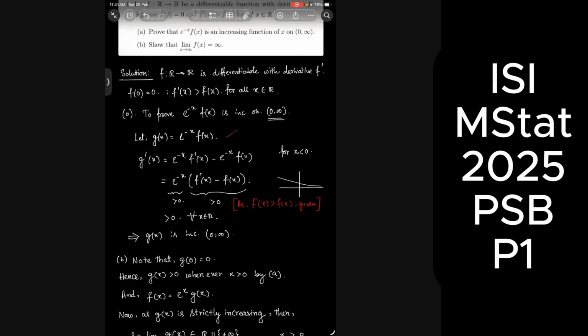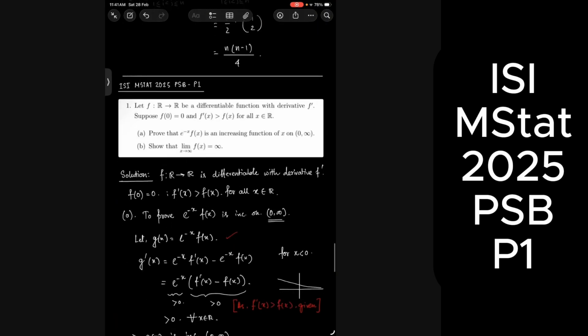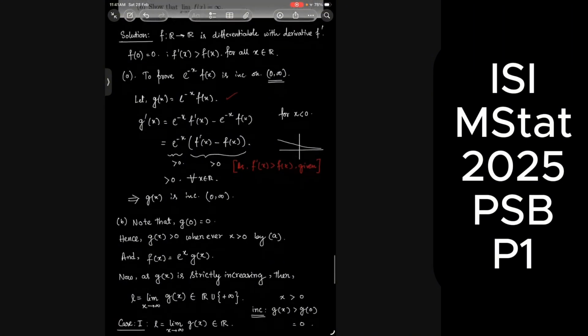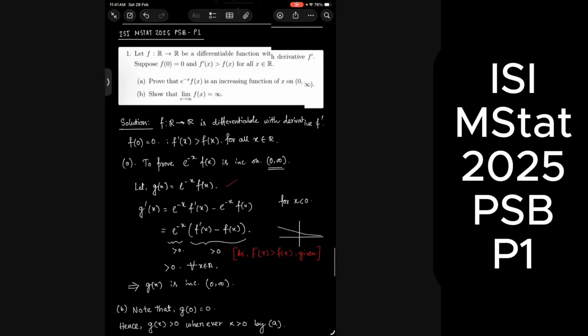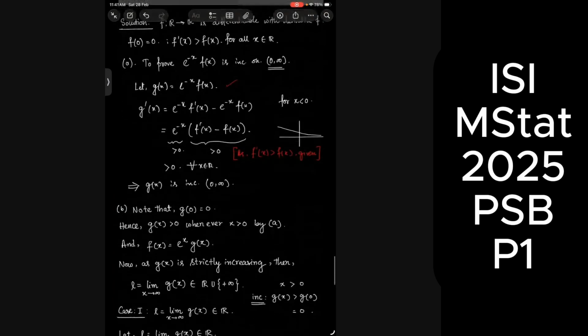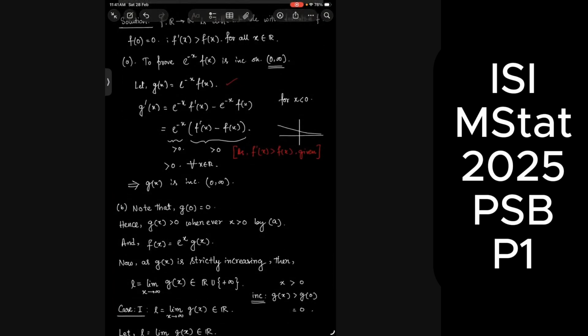So that was the first part of the problem, a very easy one. For the second part, we found that g 0 is 0, because e to the power 0 is 1 and f 0 is 0.